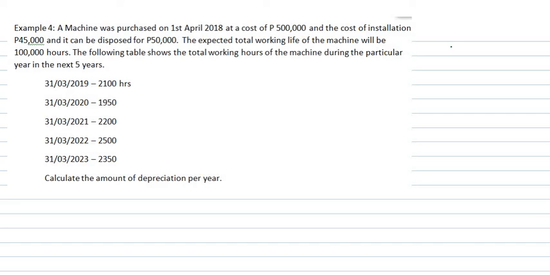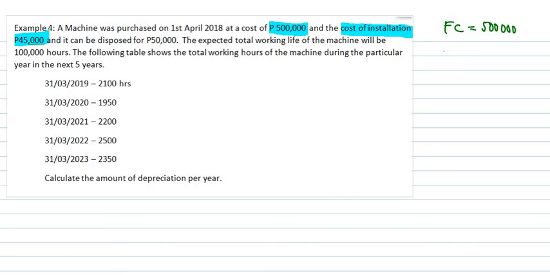So again, we have to determine our first cost and then our salvage value. Take note, our first cost is 500,000, the amount to purchase the machine, plus the additional cost of installation, 45,000.